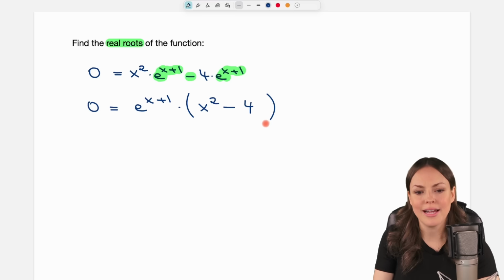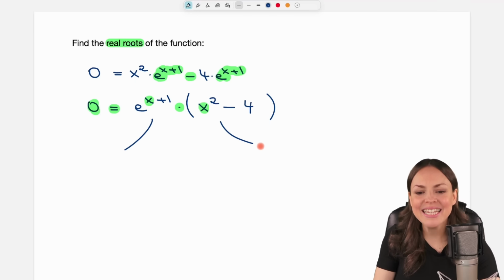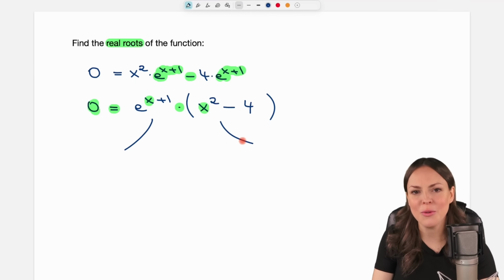What do we have here now? A product of something where we have an x inside times something where we have an x inside is equal to 0. We now know how to solve this. We are allowed to split this into two separate equations.